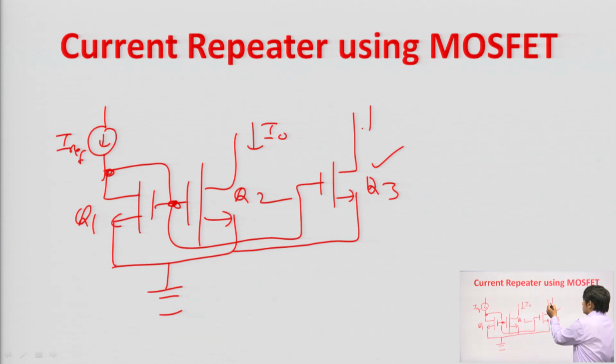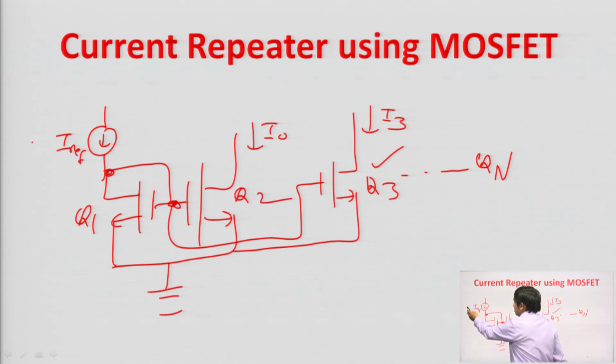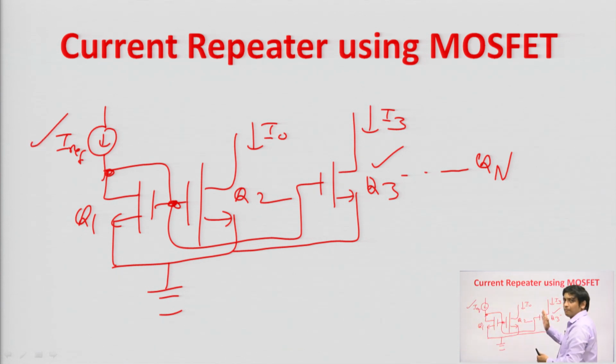Then we will get I3 equal to I naught, provided the W by L ratio of Q1, Q2, Q3 is the same. So, we can extend this Q1, Q2, Q3 up to Qn. We can repeat this I reference current multiple times.